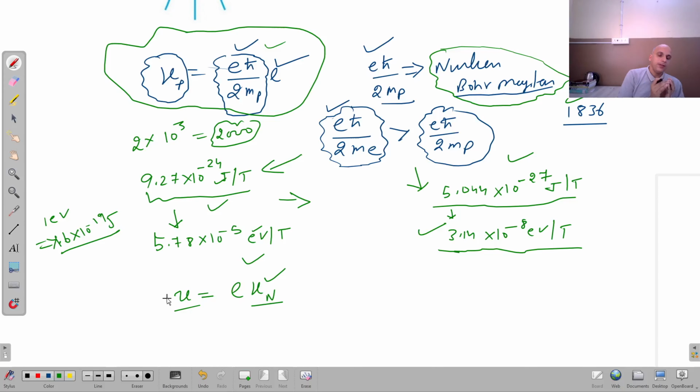So then we can write mu is equal to g L into L into mu n. Here g L is the g factor associated with the orbital motion, L is the orbital quantum number, and mu n is the nuclear Bohr magneton.